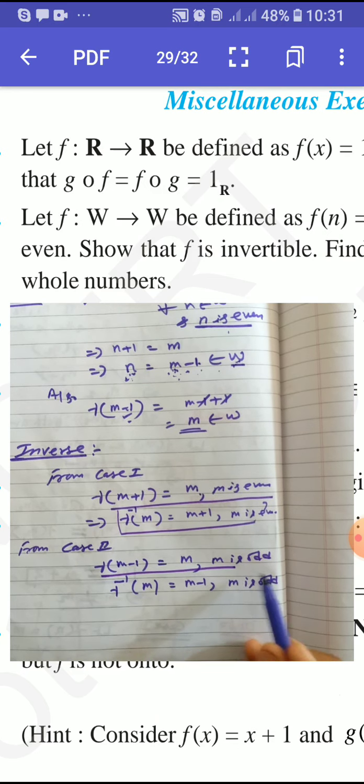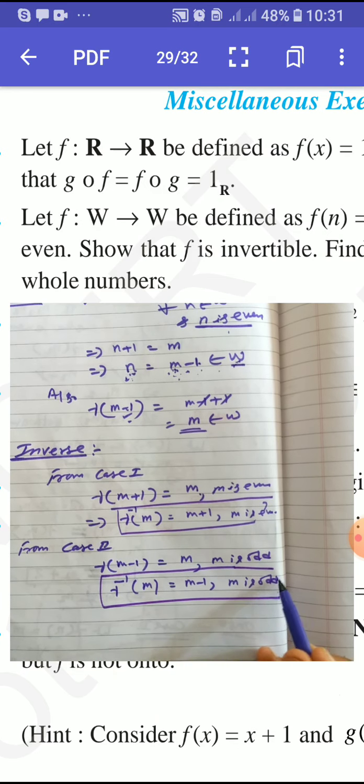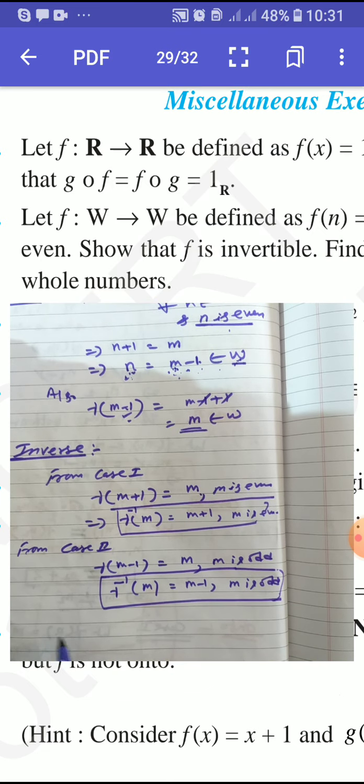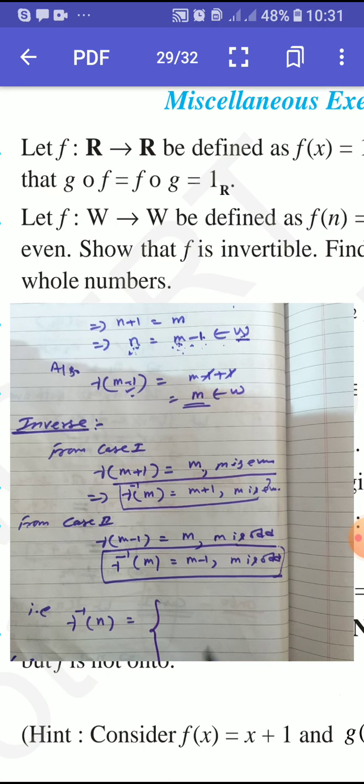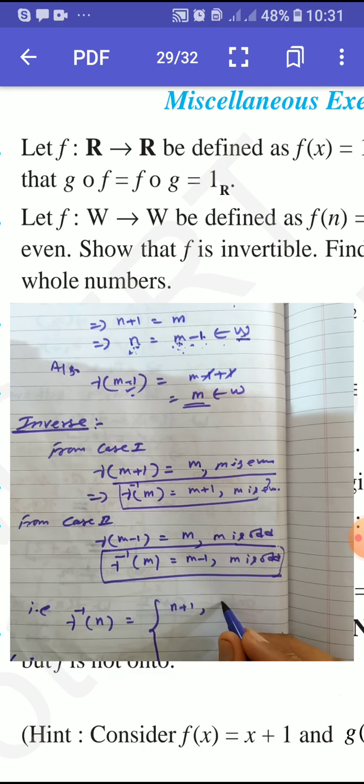These two points may be written as, we can also write like as, that is, f inverse n equal to n plus 1, n is even, right?